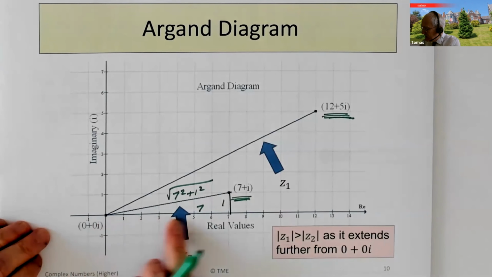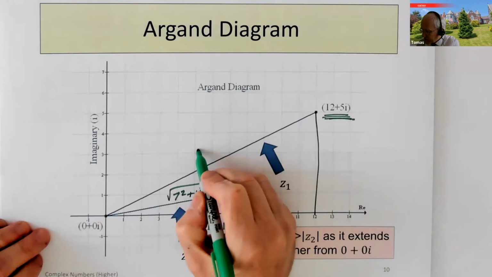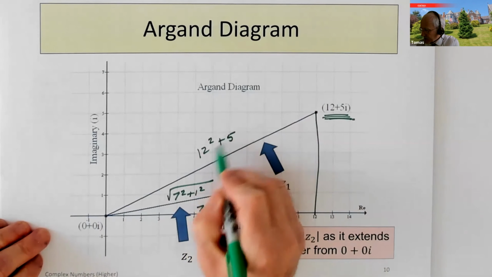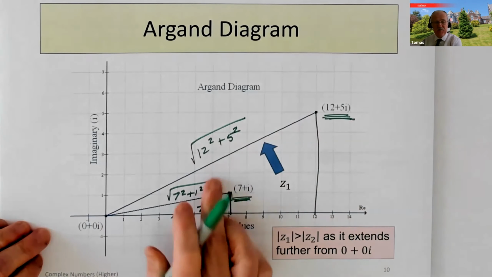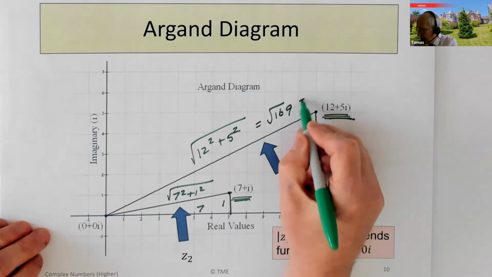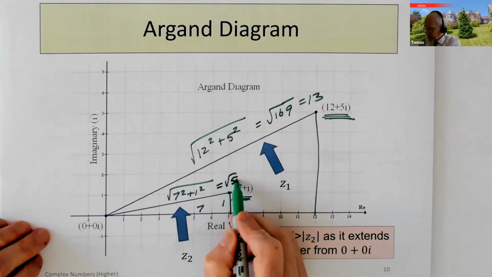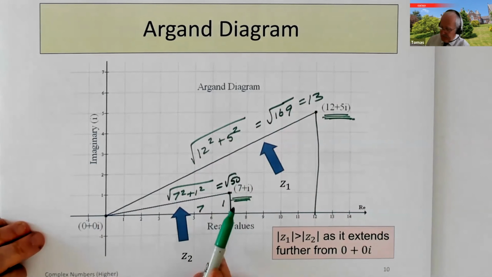Whereas in this case, this is 12 and 5, so that would be 12 squared plus 5 squared, which is the square root of 169, or 13.